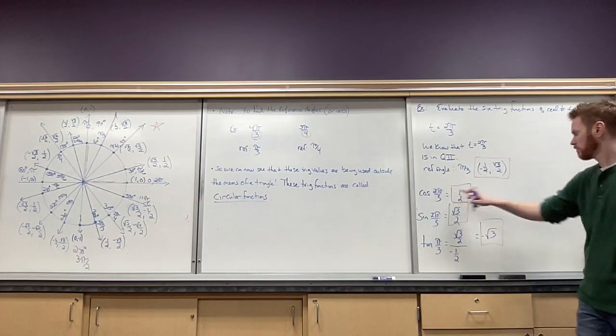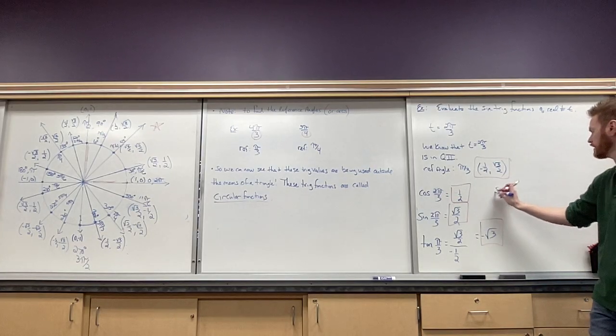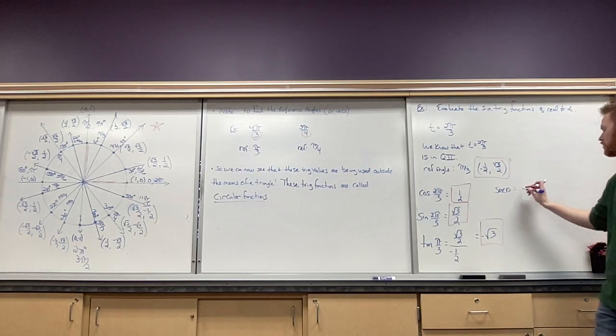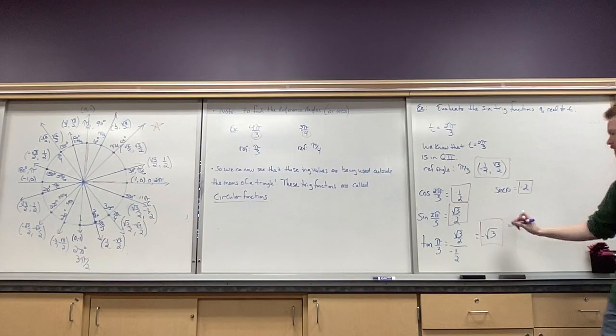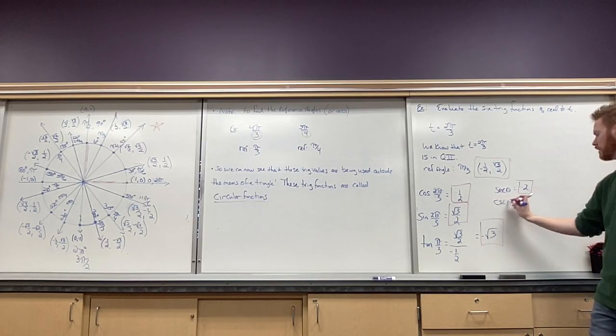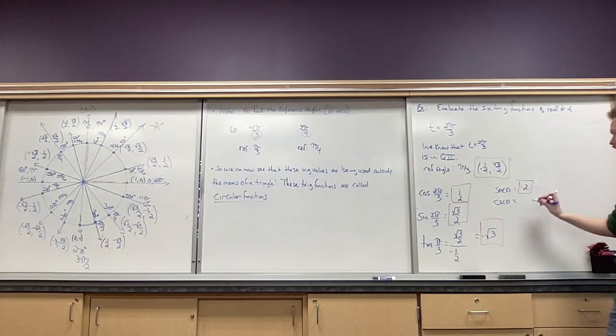So the reciprocal function would be secant. So that's flipped, so it'd just be negative 2. Cosecant is the reciprocal of this, so it's 2 over square root of 3. Rationalizing it, 2 square roots of 3 over 3.